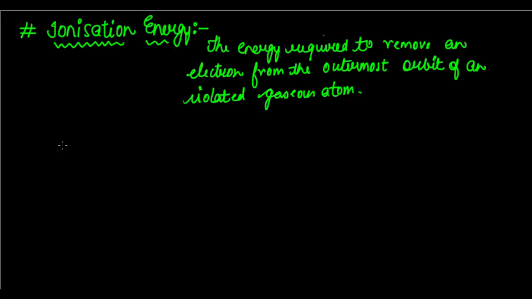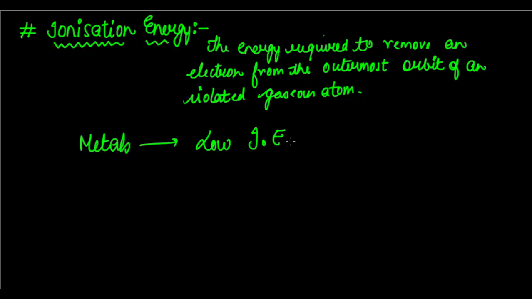So it is always preferred that the ionization energy is less for the formation of a cation to take place. So you know that metals are the elements that lose electrons, and hence metals have low ionization energy.